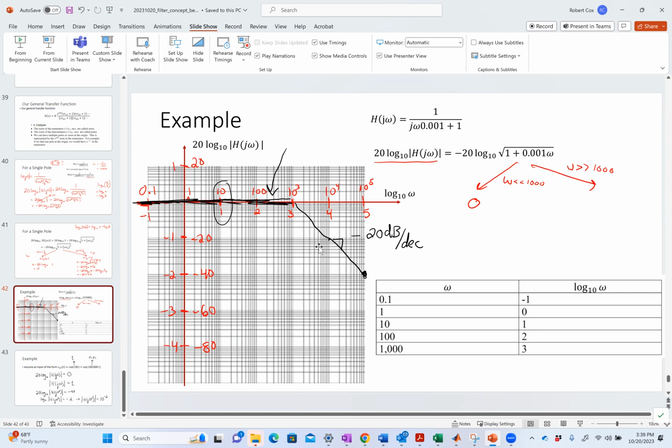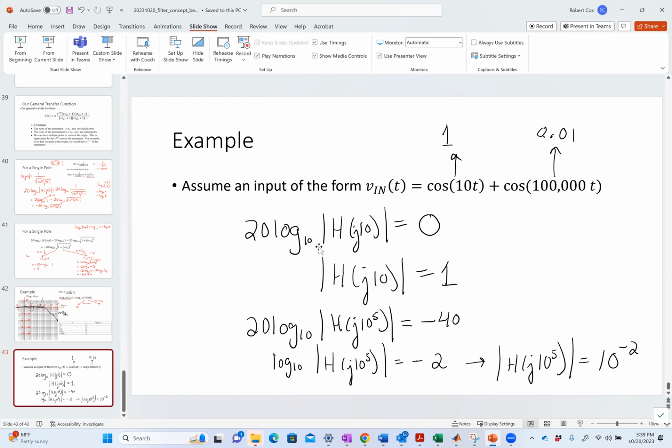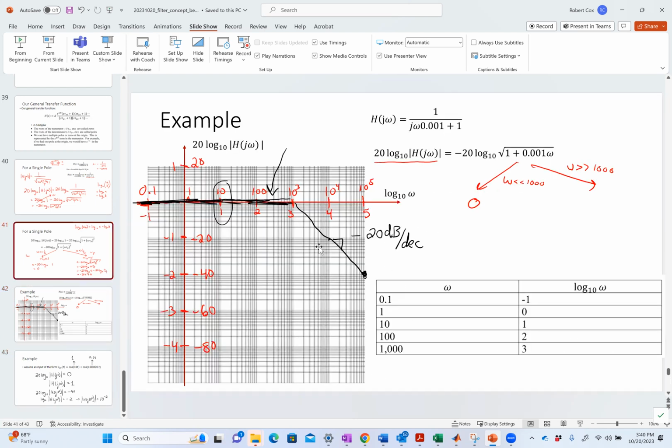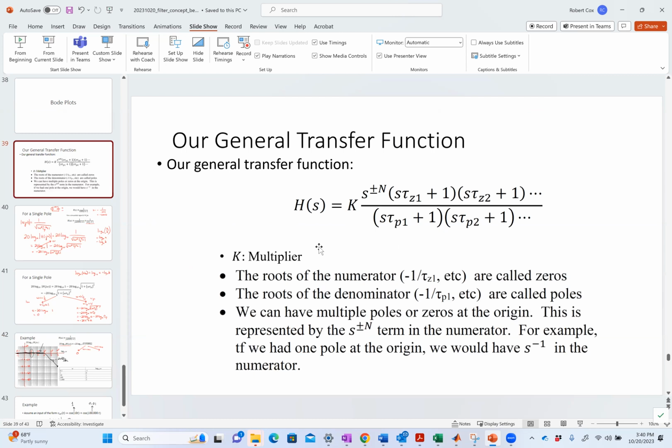And the nice thing is, if I had this crazy looking thing here and I take the log of it, what happens to the log of a product like that? You add them all, right? So if you know how to deal with one pole and one 0, then you just add everything up. And that becomes a really easy graph to make.